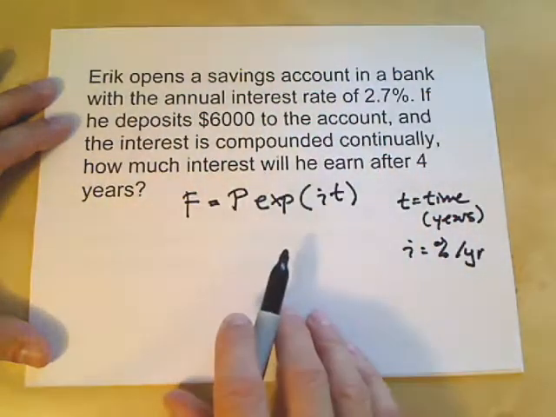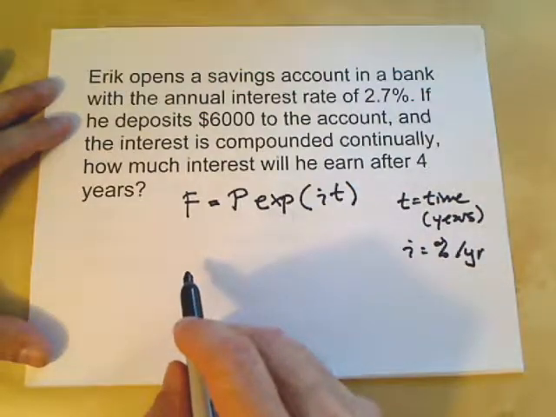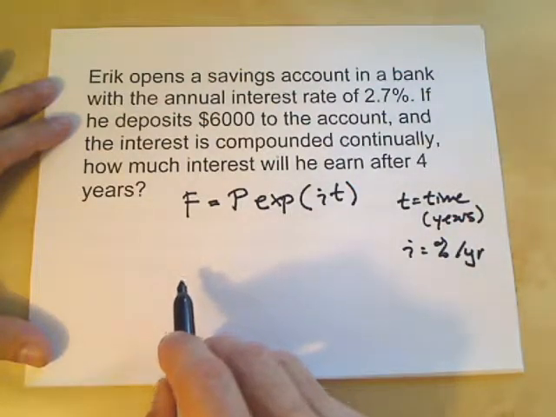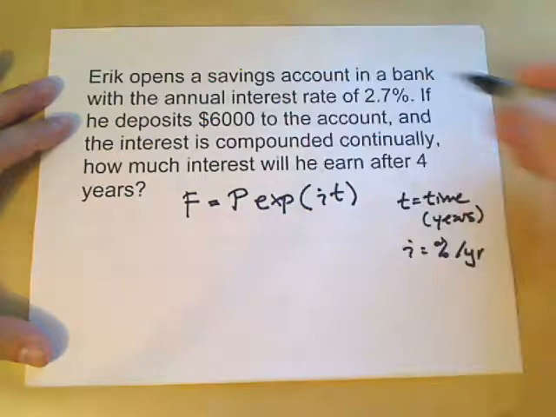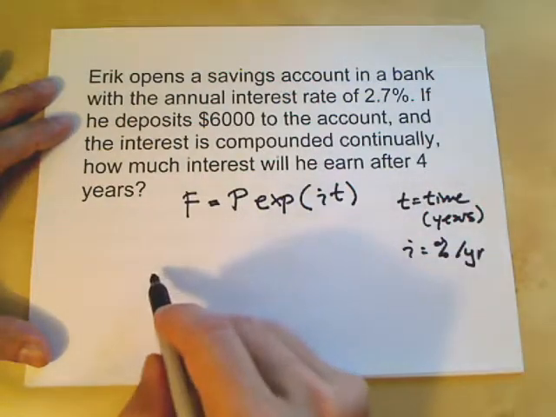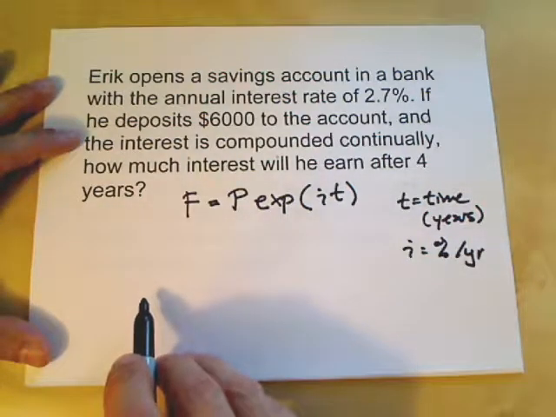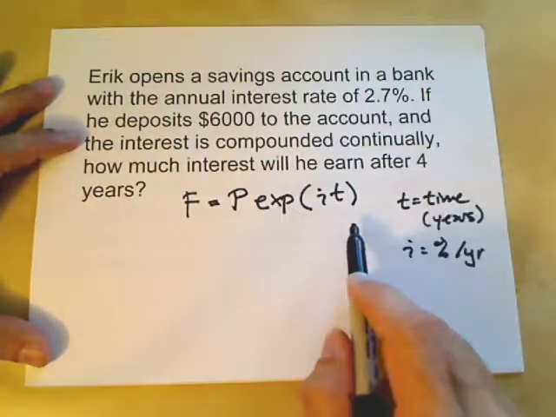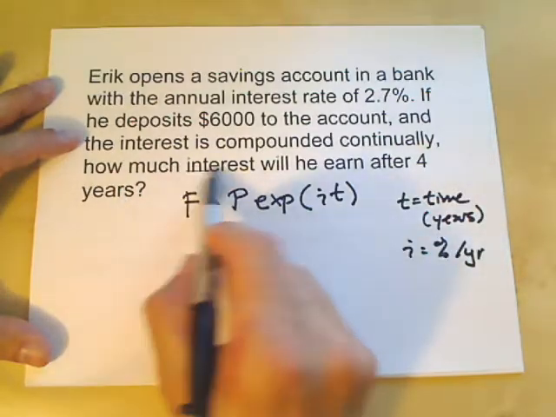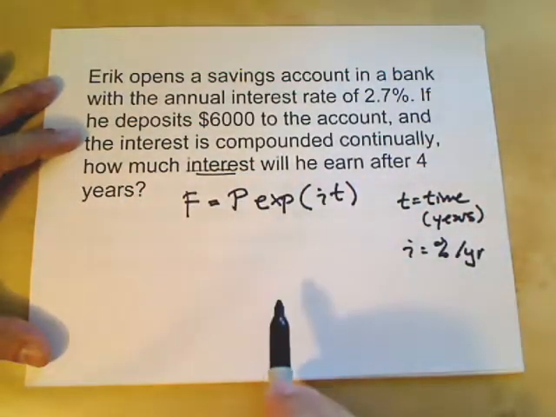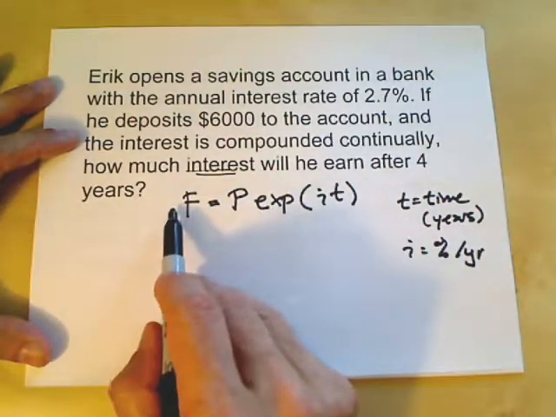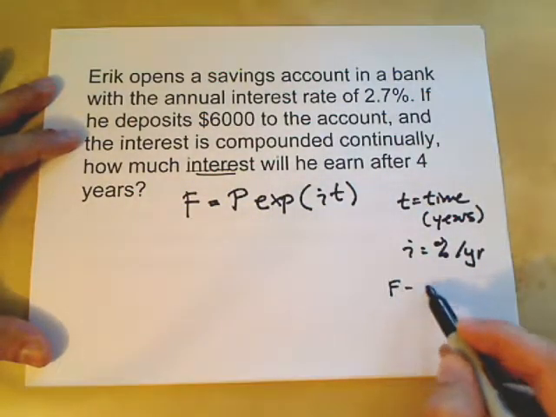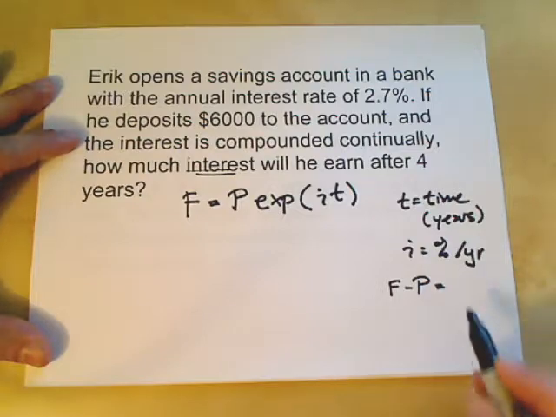Eric opens a savings account with an annual interest rate of 2.7%, so that's percent per year. If he deposits $6,000 to the account and the interest is compounded continuously, how much interest will he earn after 4 years? Again, it's not asking for the future balance, it's asking for the amount of interest he's earned after 4 years.